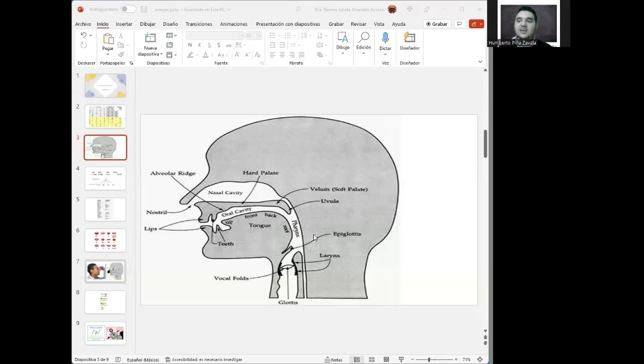Then the K, kilo. You cover it and make a tiny explosion. And you also do it for the sh sound. Okay, so you know how you say sing, the ing sound?